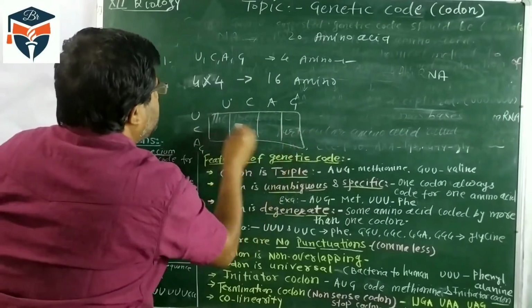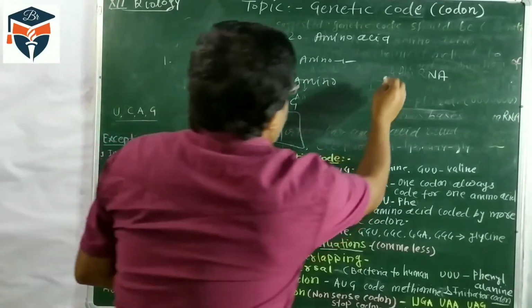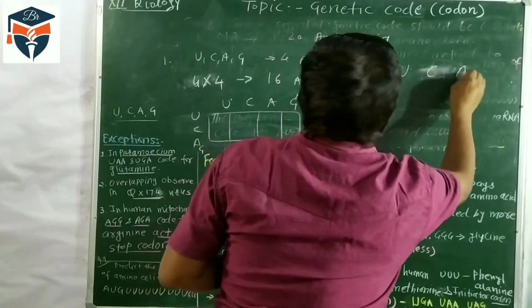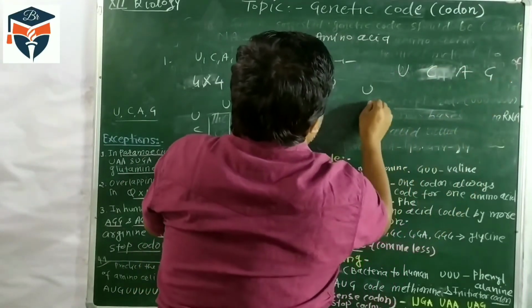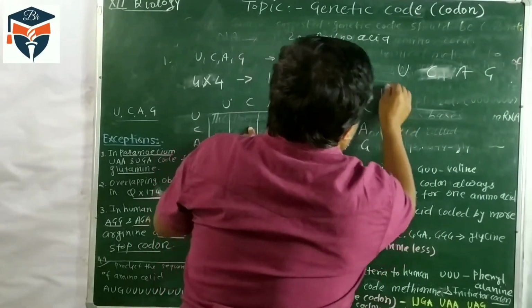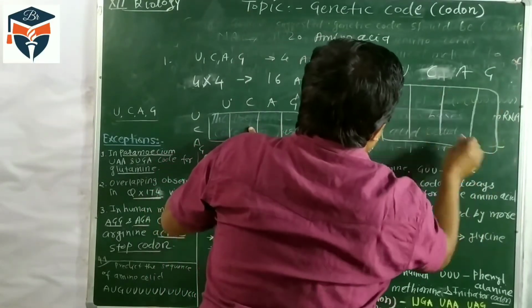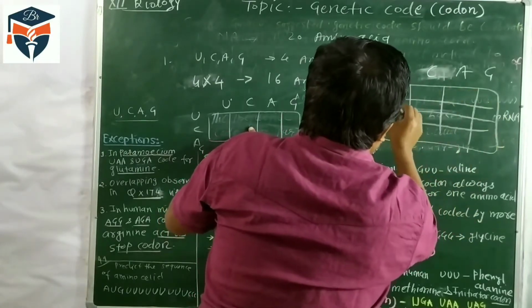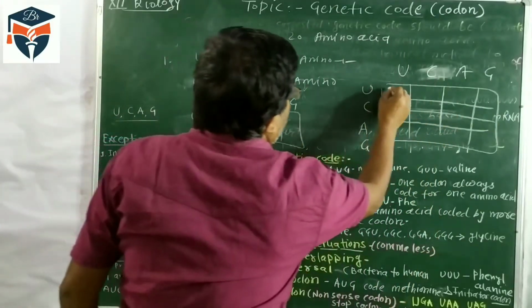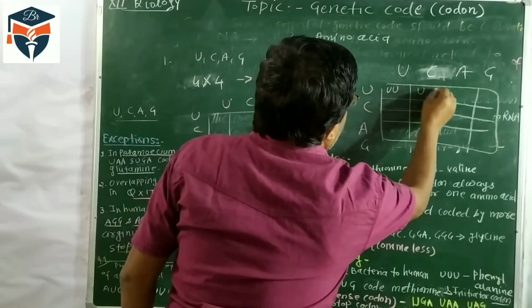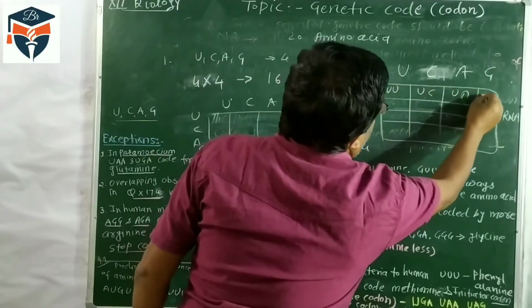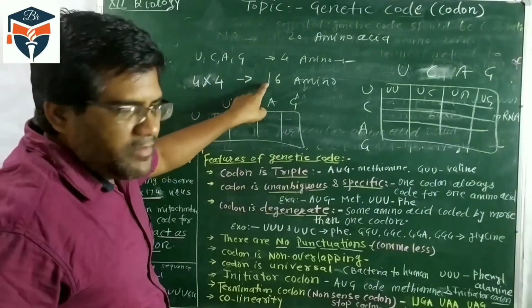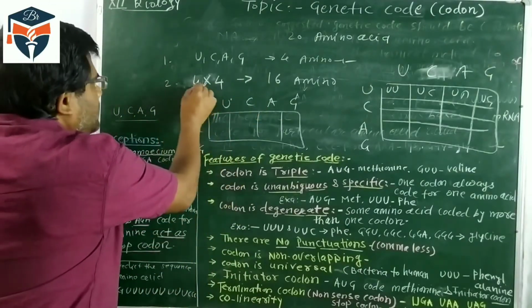We get a total of 16: UU, UC, UA and UG and so on. So 16 amino acids will be formed if we take the bases as a double.